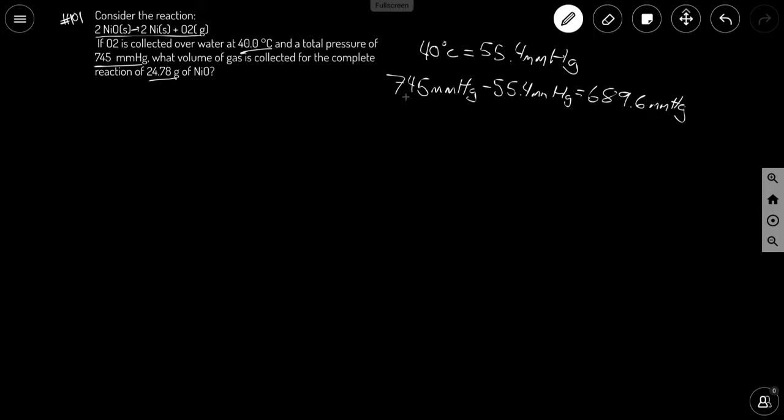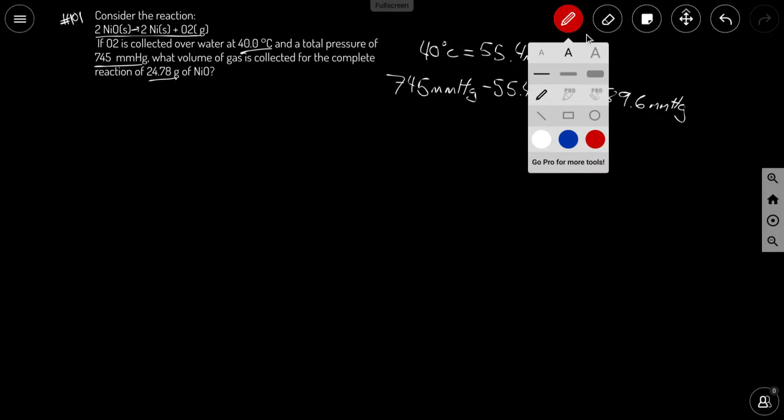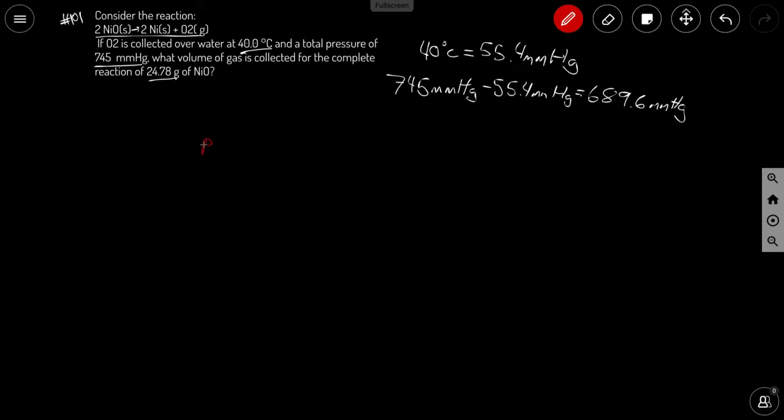All right, so that's the first step complete. Next, I'm going to convert the same temperature into Kelvin as well. The reason is that we're going to have to use the equation PV equals nRT, and we're going to need a temperature to plug in.